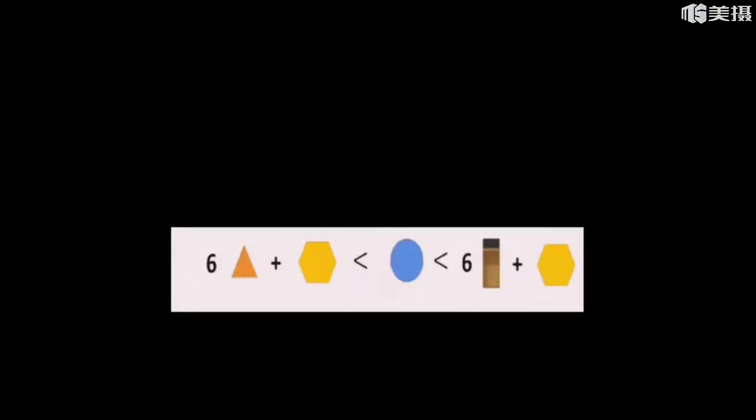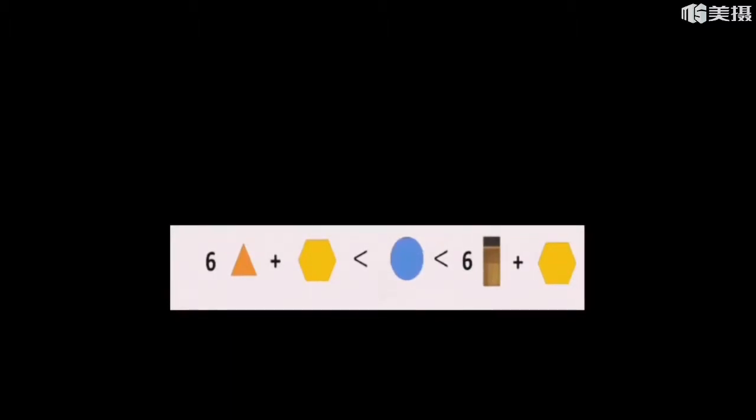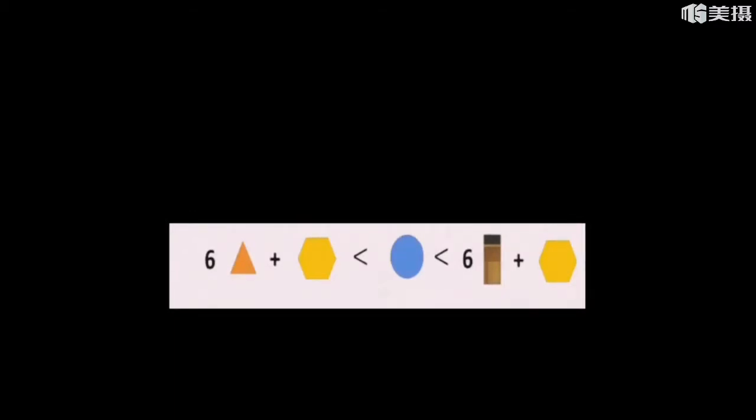As a result, we can get the following equations, that is, the circle's area is bigger than the area of the 6 triangles plus the area of the hexagon, and is smaller than the 6 triangles' area plus the area of the hexagon.